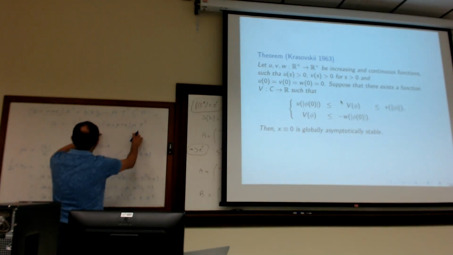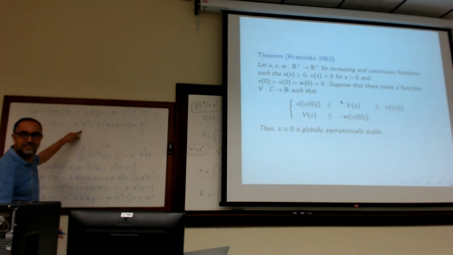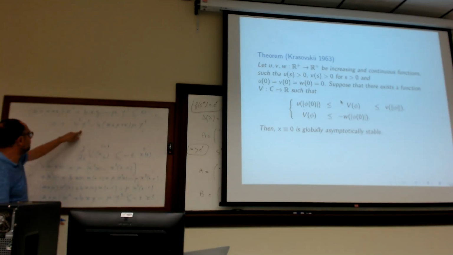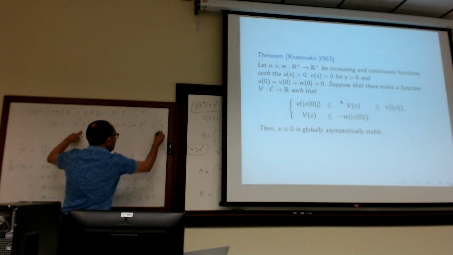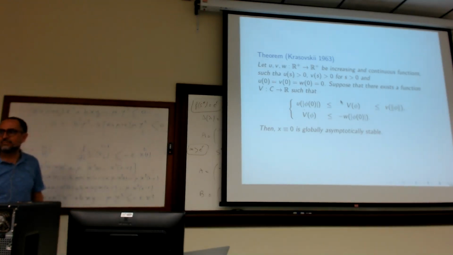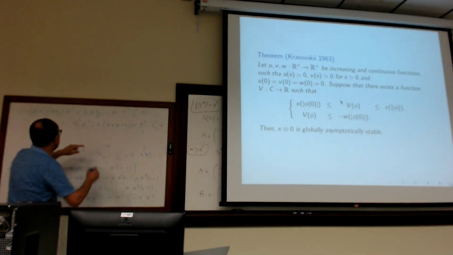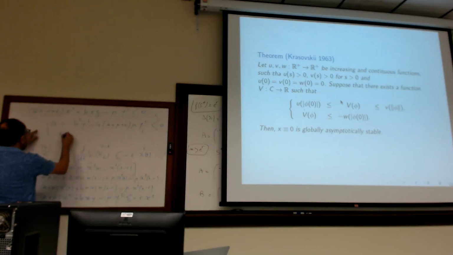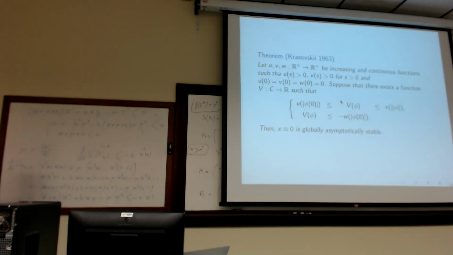And this is interesting because it's independent of y. This is the idea. I want this to be negative. If this is negative, that means this is negative all the time. And if I take this negative and this negative, it solves my problem.